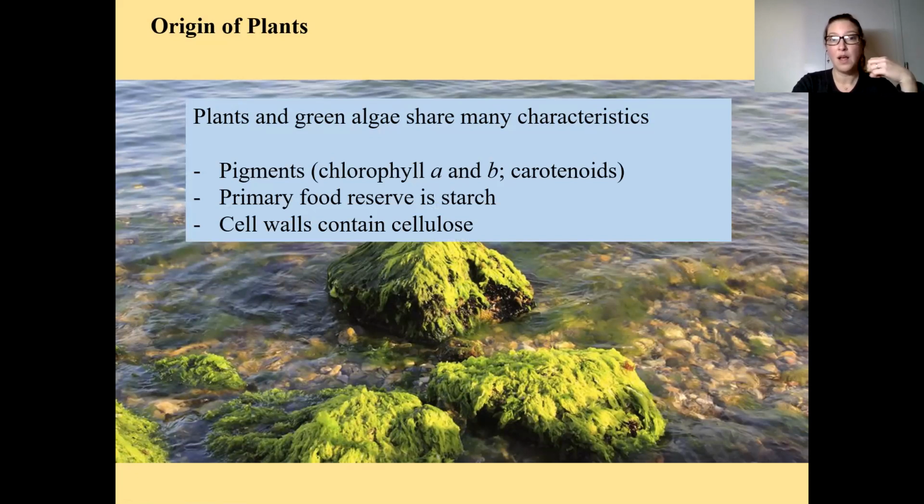For example, they both have the same type of photosynthetic pigments that allow them to do photosynthesis. They both store food as starch, and both of their cell walls contain glucose. So these are some characteristics that they share.